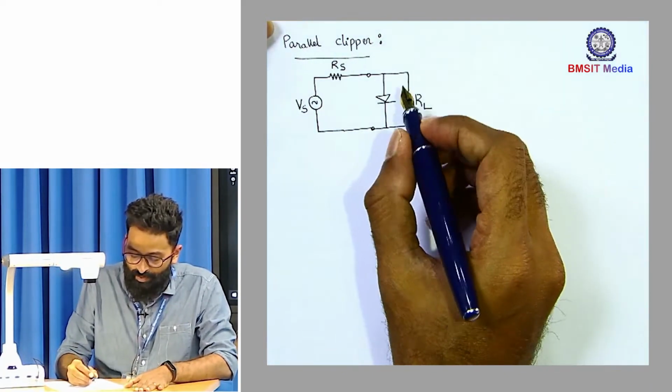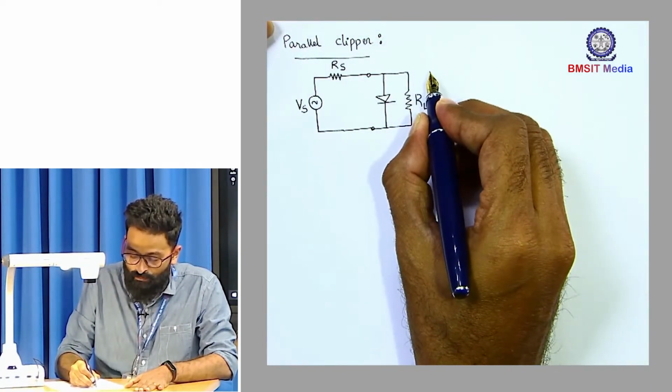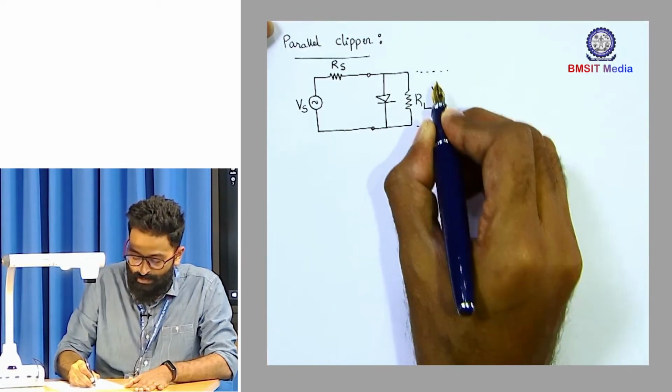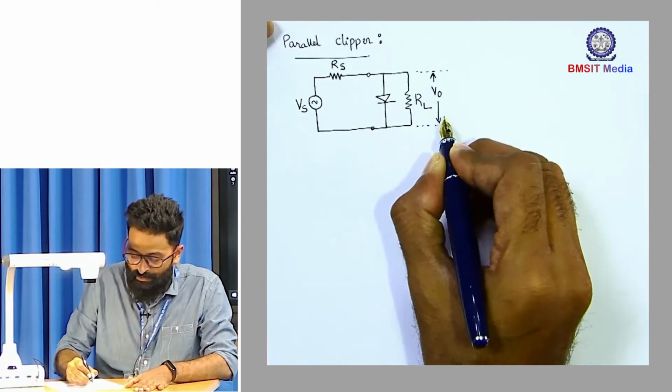Now in the case of a parallel clipper, we take the output across the load resistor. So let us say the output is V0.